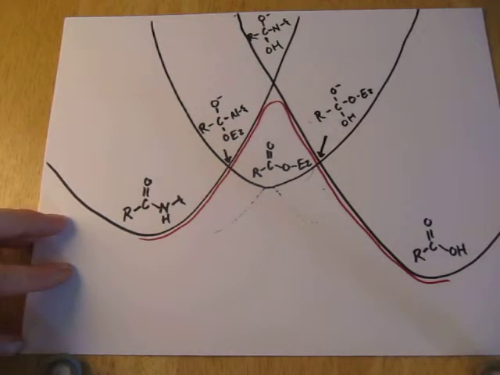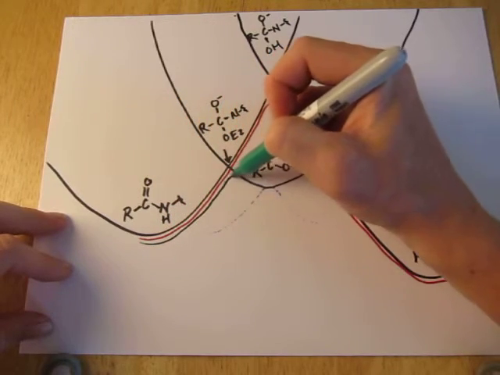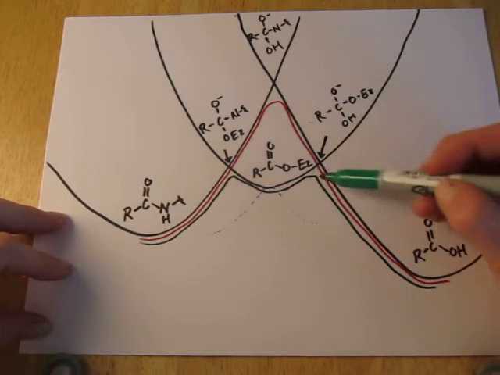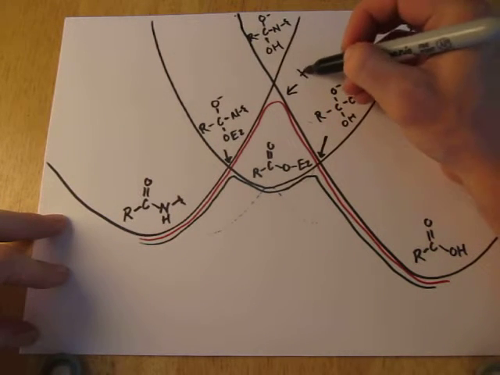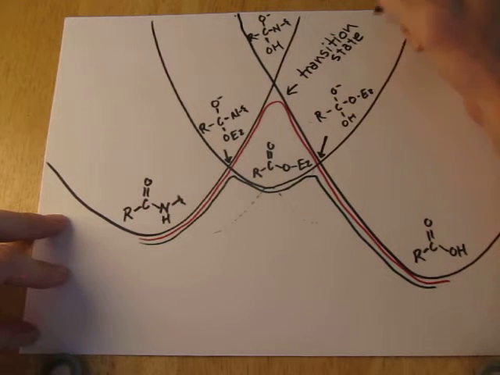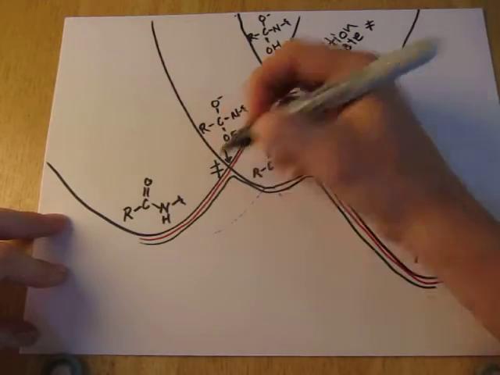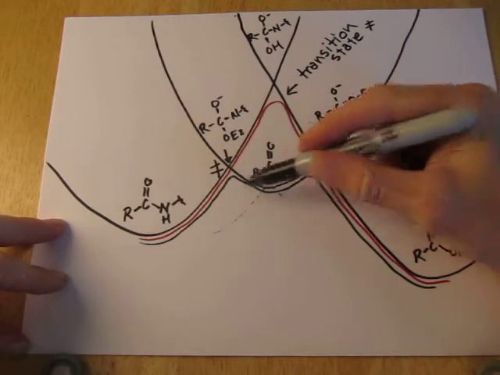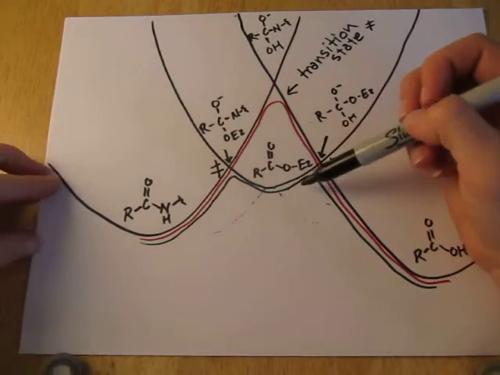So our energetic profile for our catalyzed reaction in this case has two transition states. We represent those with double daggers, and we see double daggers, one for our uncatalyzed reaction and two for our catalyzed reaction. And even though we have more transition states, they're much lower energy because they're closer in reorganizational energy.